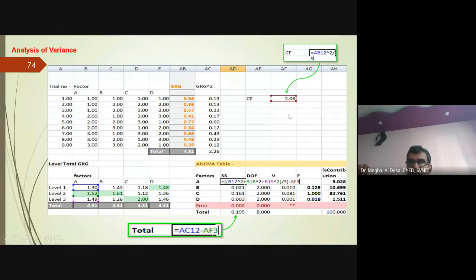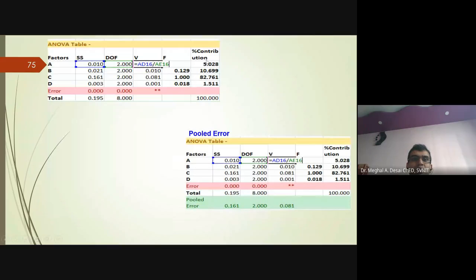Okay. Once it is done, degree of freedom, we know variance we can find by these two ratio, SS by degree of freedom. Once again over here, the issue of error is that degree of freedom for error is 0. So I need pooling. So that is also done. So variance was found, pooling is done.